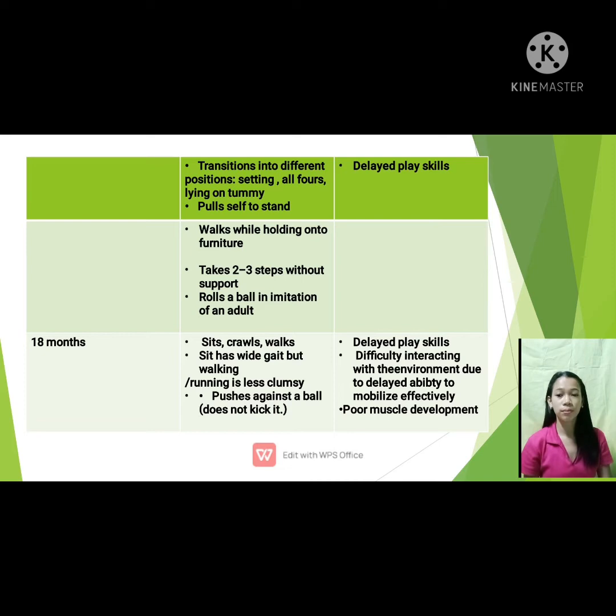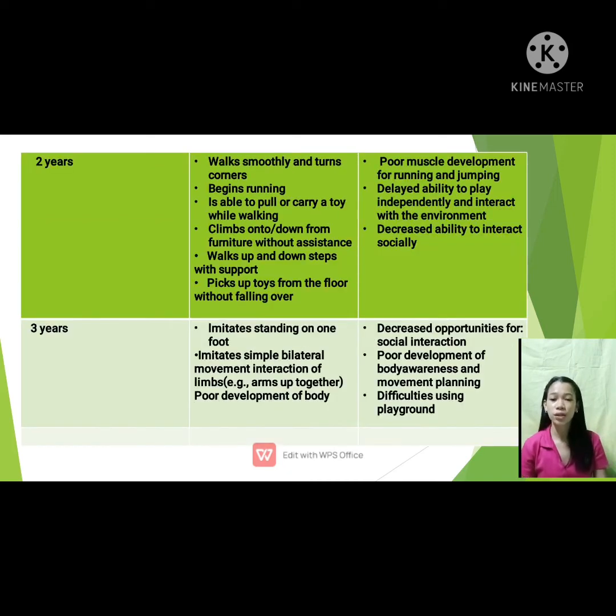Poor muscle development. Next is 2 years old: walks smoothly and turns corners, which we will see in our children in our house. In our neighbors, they can begin running and are able to pull or carry a toy while walking.